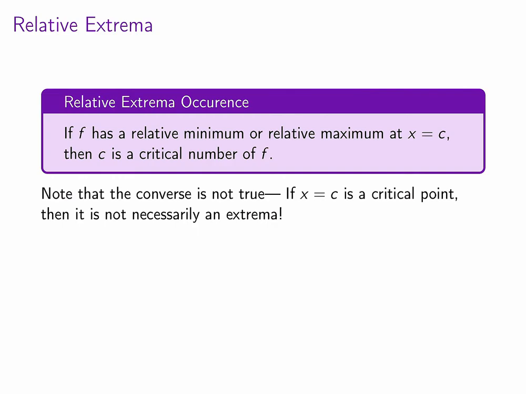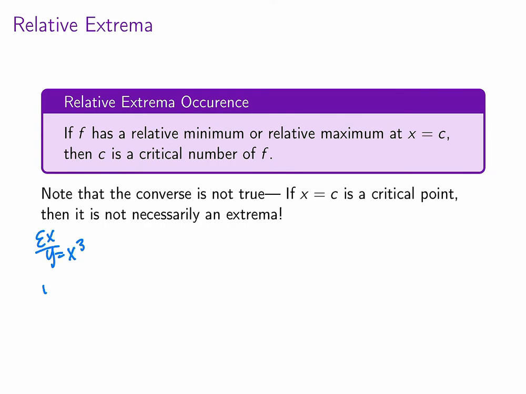So this relative extrema occurrence: if f has a relative minimum or a relative maximum at some point c, then that c was a critical number. So notice, though, that the converse is not necessarily true. If you find something that is a critical point, then that doesn't mean it will be an extrema. A quick example here, let's look at the function y equals x cubed.